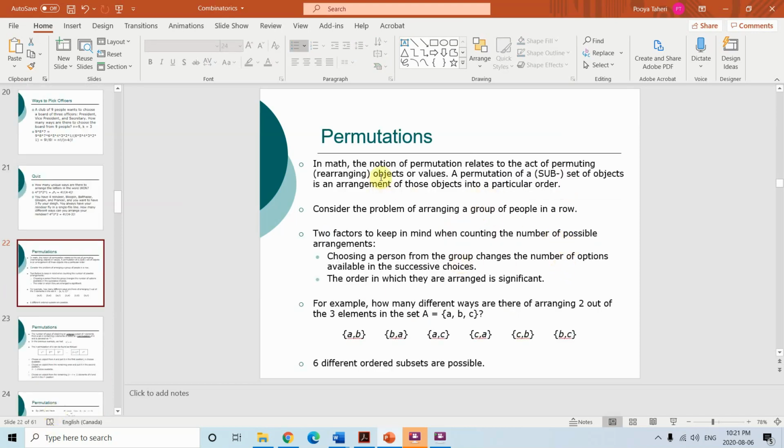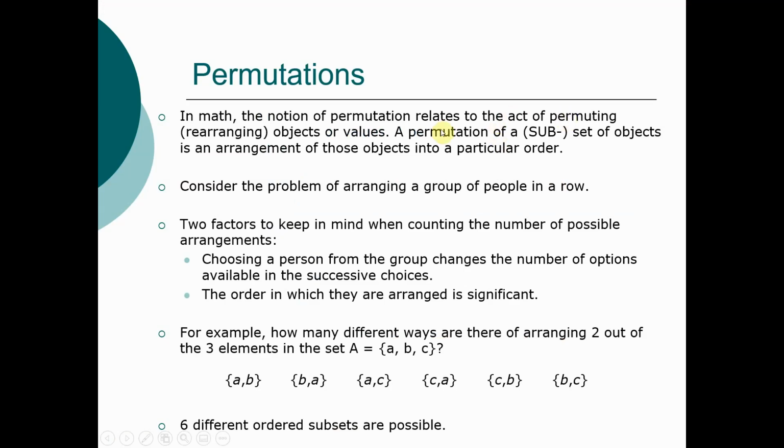So in math, the notation of permutation relates to the act of rearranging objects or values. A permutation of a set or a subset of objects is an arrangement of those objects into a particular order, right? Order is very important in permutation. Consider the problem of arranging a group of people in a row, right?